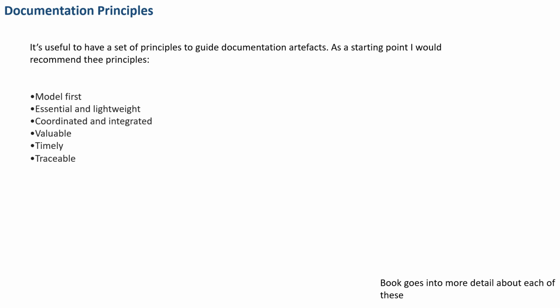So the principles: model first. Modeling is critical to any well-communicated solution architecture. Keep it lightweight, but keep it essential. Document what you need to document, nothing more. Make sure it's coordinated and integrated with other documentation, so you're not duplicating and overlapping too much, and you're aligning with the other artifacts and documents.